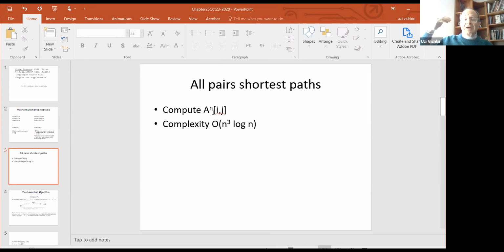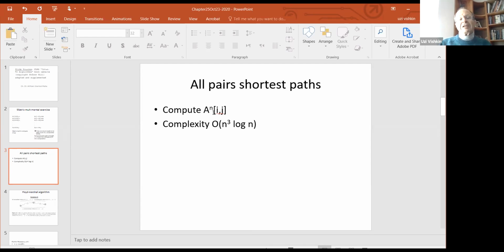If I raise it to the power of 8, which I do by first taking A to the power of 2 multiplied by itself to get A to the power of 4, then taking A to the power of 4 multiplied by itself to get A to the power of 8, at that point I get the shortest distance from any i to any j whose length is at most 8.